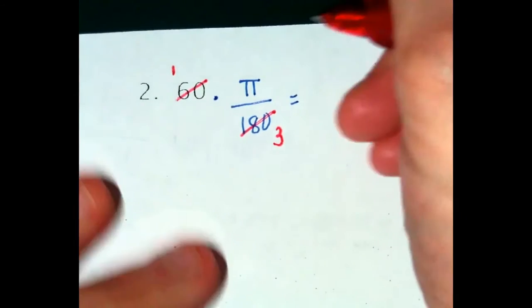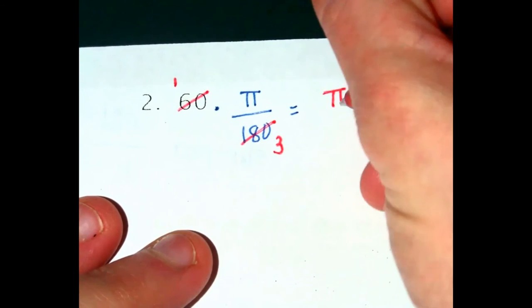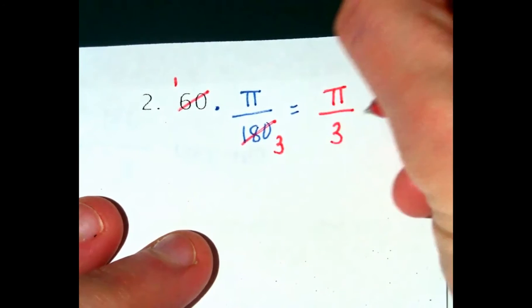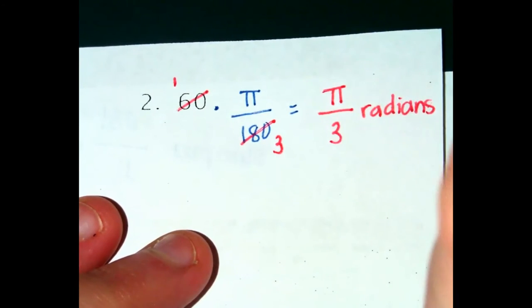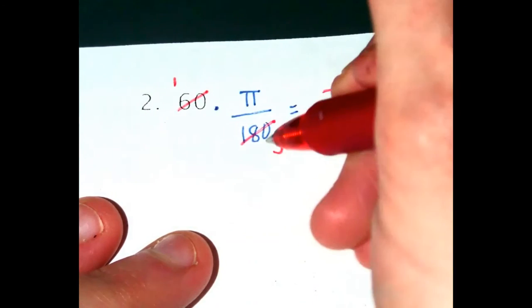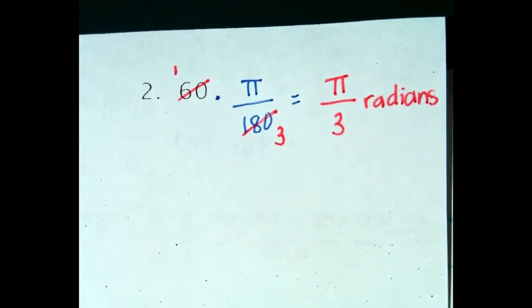So this becomes a 1 and a 3. What is 1 times pi over 3? If you can't reduce fractions in your head, you could do 60 divided by 180. You'll get a decimal, press math, enter, enter. It'll reduce it for you. Do 3 and 4.